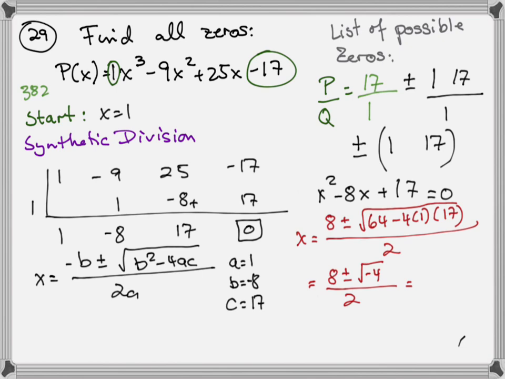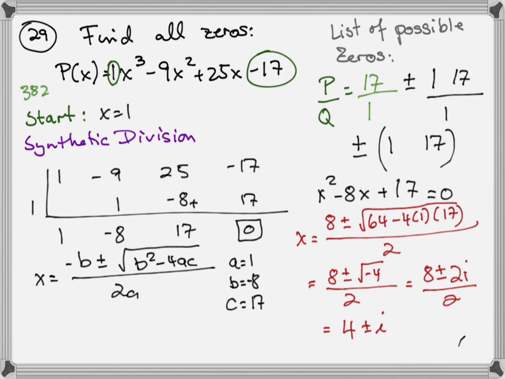Let me simplify the square root of negative 4 first. What is the square root of negative 4? 2i all over 2, and that simplified is 4 plus or minus i. 8 over 2 and 2 over 2.